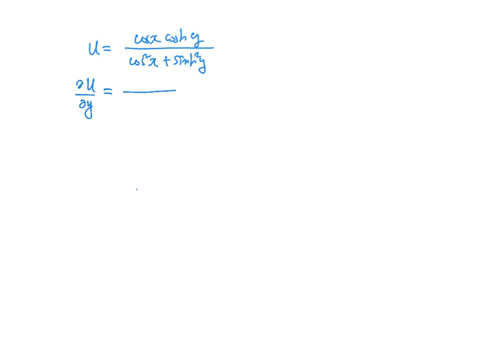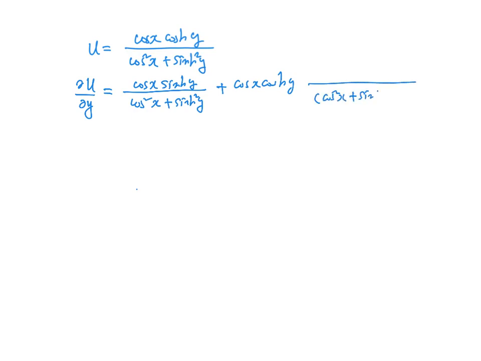So we have cosine x sine hyperbolic y over cosine square x plus sine hyperbolic square y, plus the denominator, we have the square with a minus sign, and twice sine hyperbolic y and cosine hyperbolic y, right?